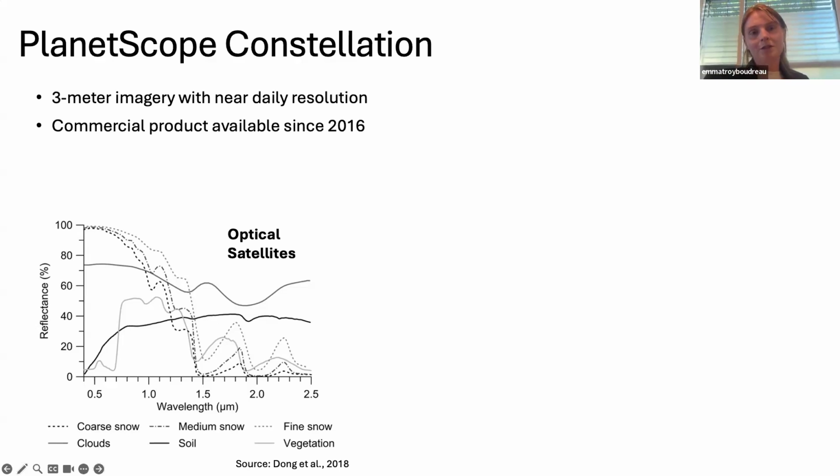And so this is a commercial product, but it's been available since 2016. And the way that you can use optical satellites to detect snow cover is that on Earth's surface, different surface types have certain reflectance values for given wavelengths in the electromagnetic spectrum.